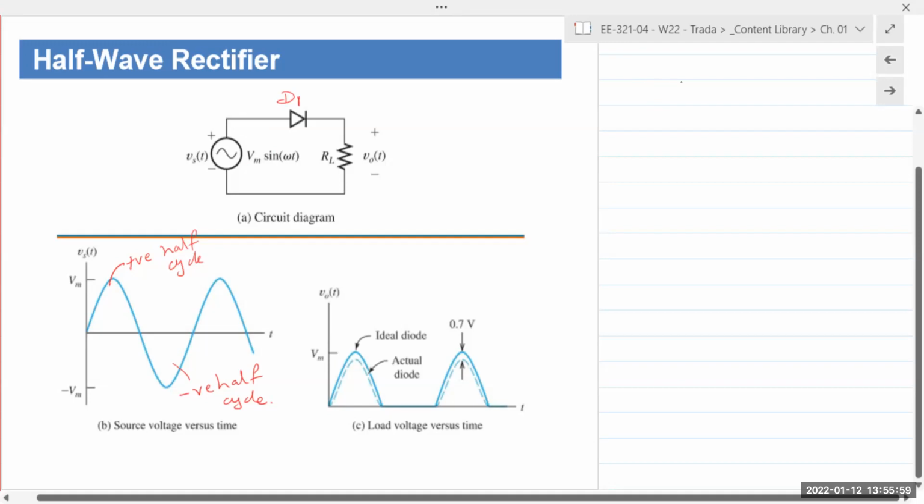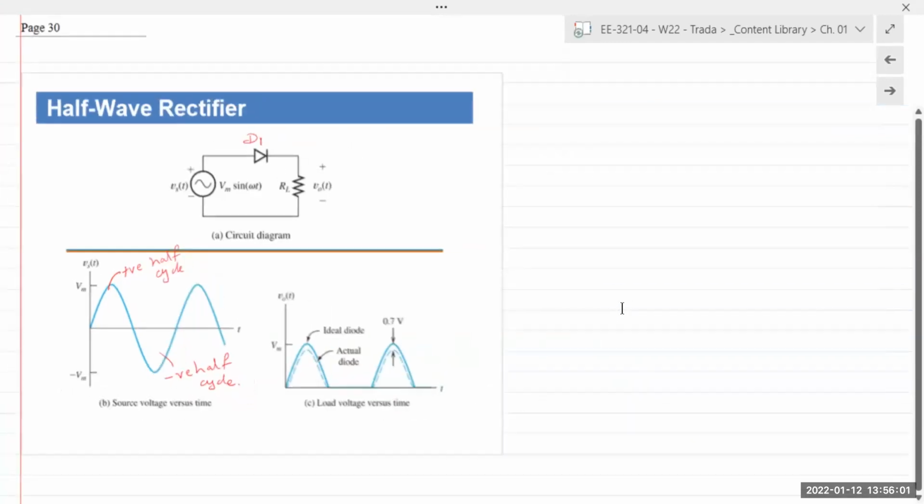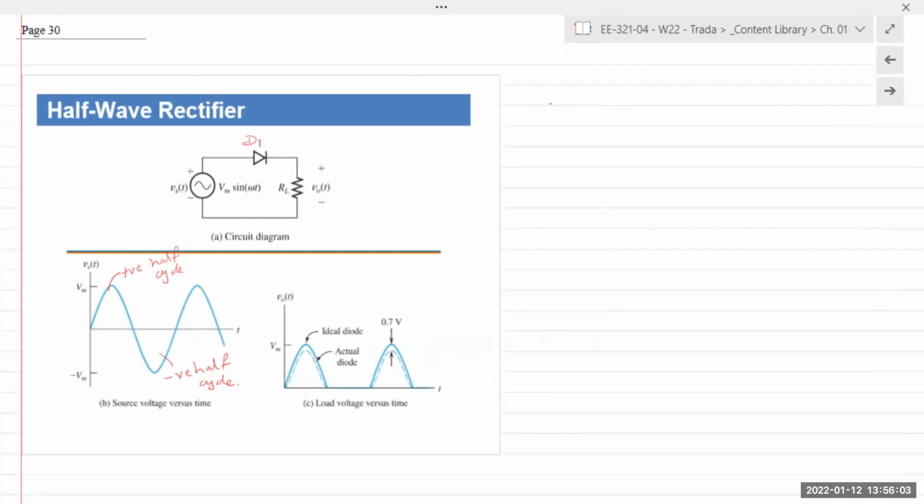Let's do it this way. So in the positive cycle, the voltage appears like this. You get a plus here, you get a minus here. So the anode is applied a positive voltage, cathode is applied a negative voltage.